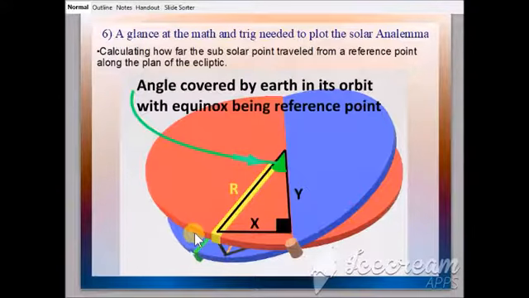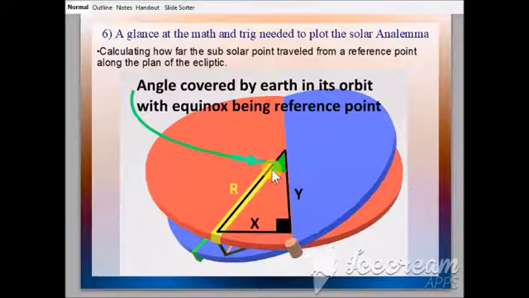For a certain period, you know how far the longitude traveled because the Earth's rotation speed is fixed at almost 1 degree per day, and of course you should use the very accurate number if you want to do an analemma or sun calculator. So we have this angle here. We already got it from our orbital mechanics.